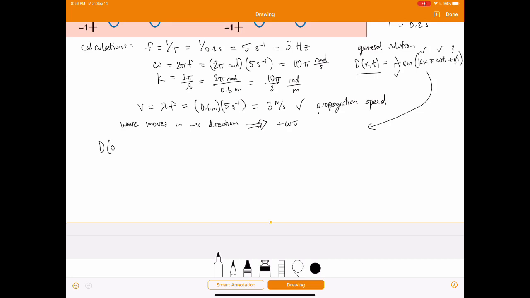If I plug in 0 for x, 0 for t, what we're going to get is A times sine of k times 0 plus omega times 0 plus phi, which means we'll just have A times sine of phi, because this goes to 0.